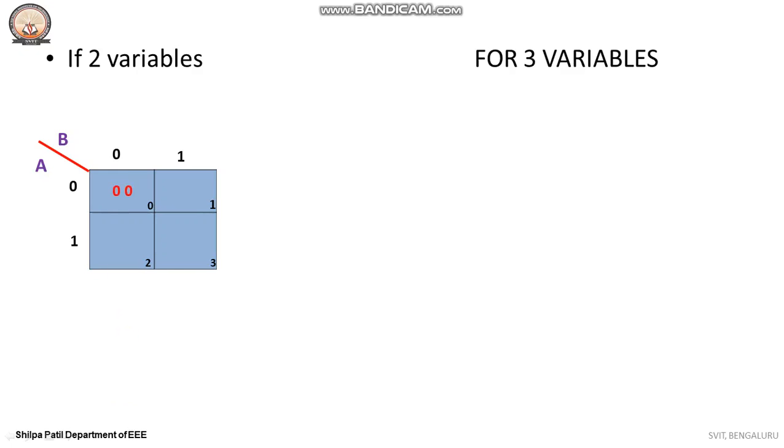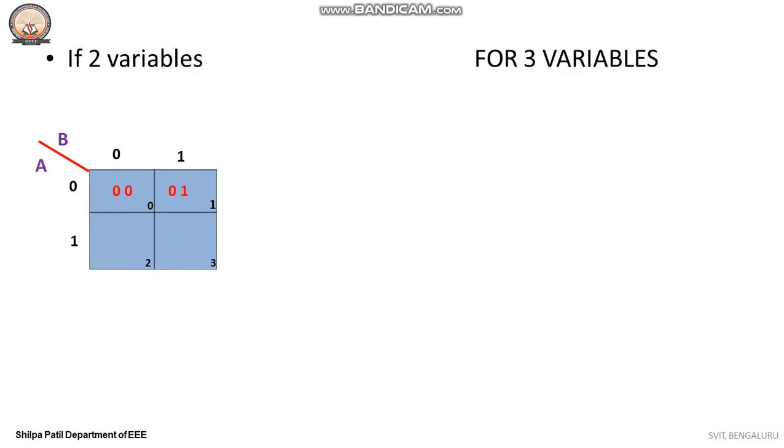Both are 0, 0, so the cell number is 0. For the next cell, the values of A and B are 0, 1, so we write the cell number as 1 on the right corner of the cell.